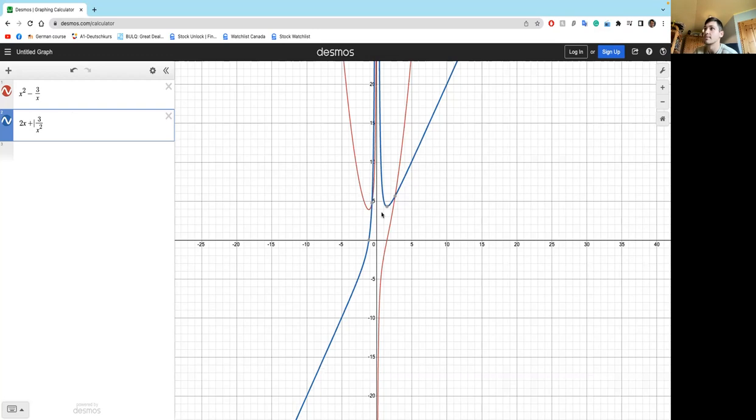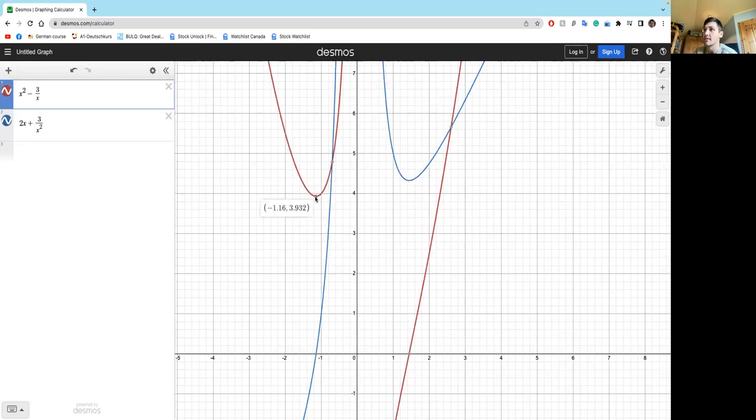The easiest bit to see is that at this minimum, the gradient of our red line is equal to 0. That is represented by the blue line crossing the x-axis, so being equal to 0. You can see how their x values are the same. So that's a good way to visualize that the first derivative is the gradient function and gives you the gradient of the original function, if you will.